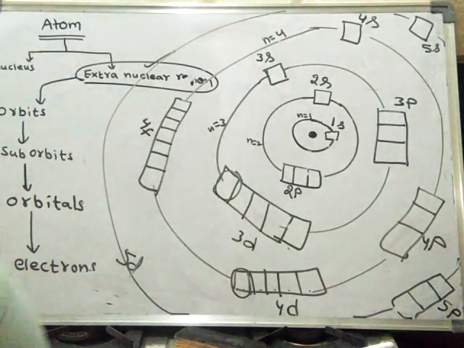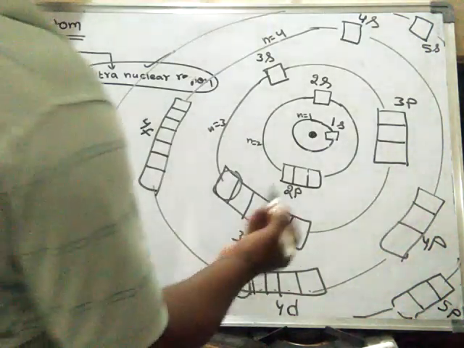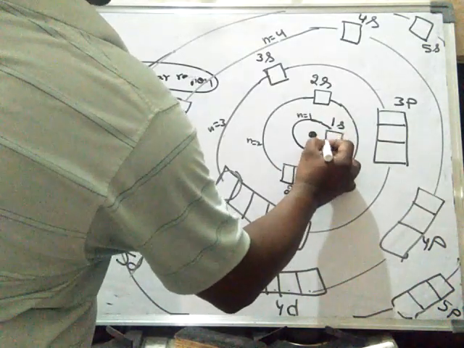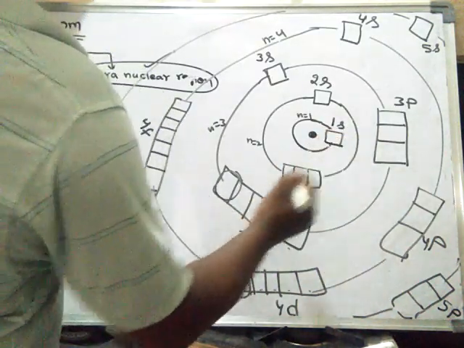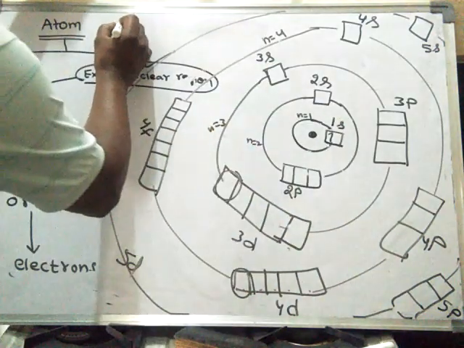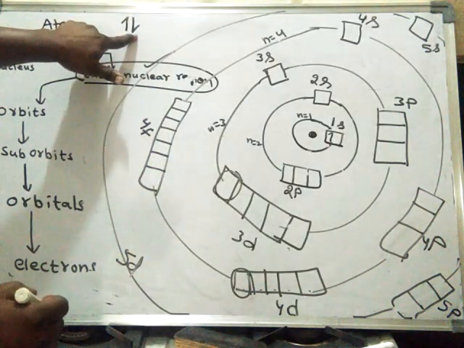Now we will write electrons in the orbitals. See, the first orbital contains a maximum of 2 electrons. Electrons can be represented like this also: positive spin, negative spin.